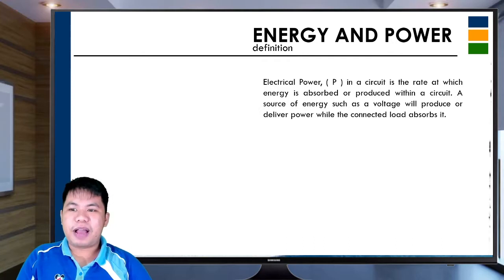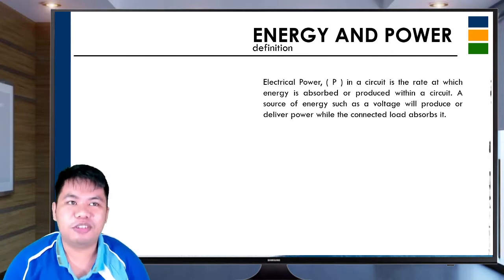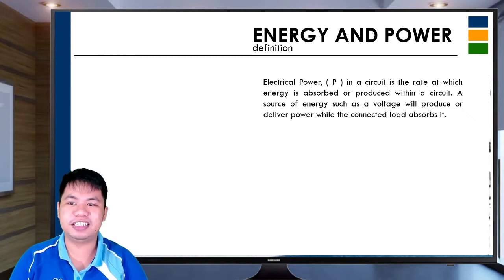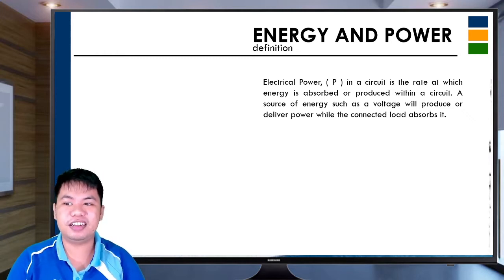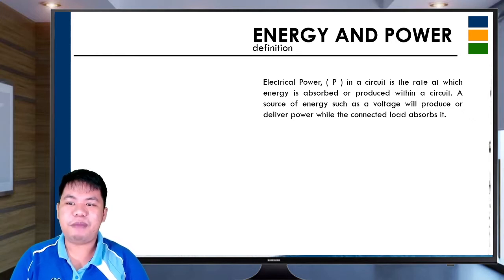So electrical power in a circuit is the rate at which energy is absorbed or produced within a circuit. A source of energy, such as voltage, will produce or deliver power while the connected load absorbs it.